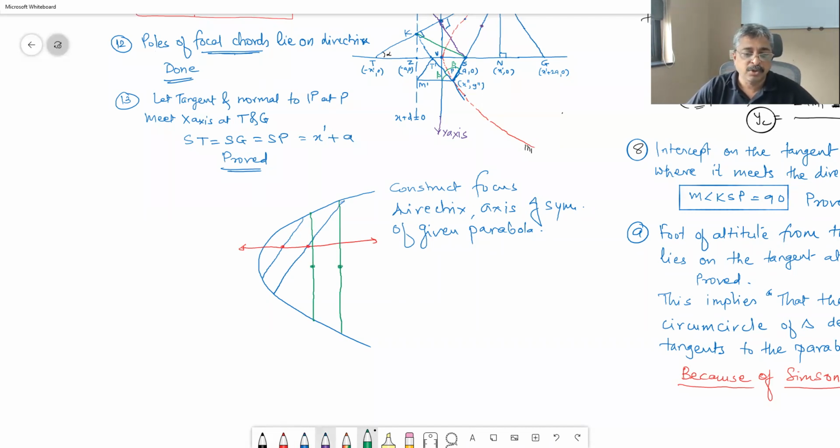That is supposed to be your axis of symmetry. This is the axis of symmetry. So you know where the vertex is. Good.